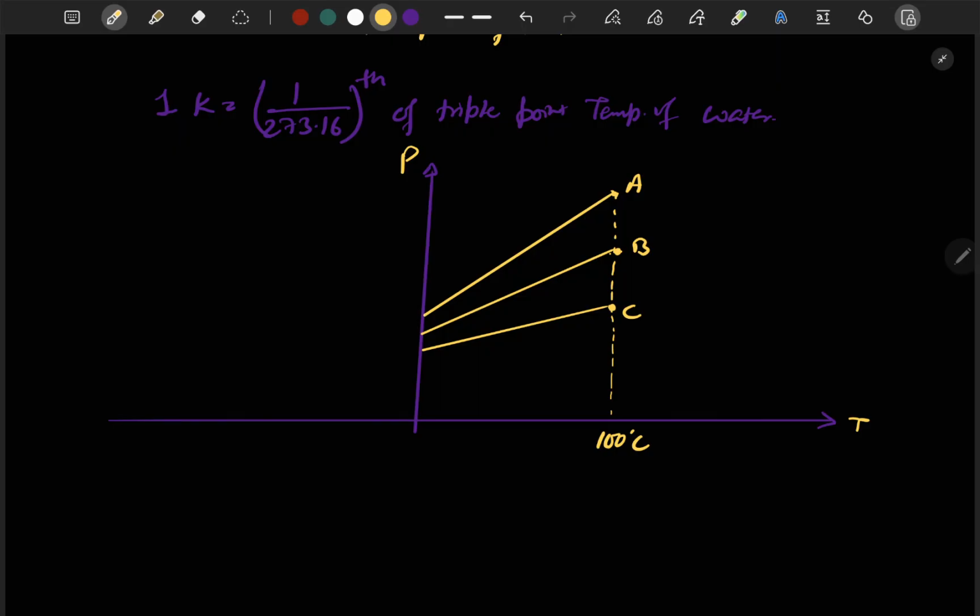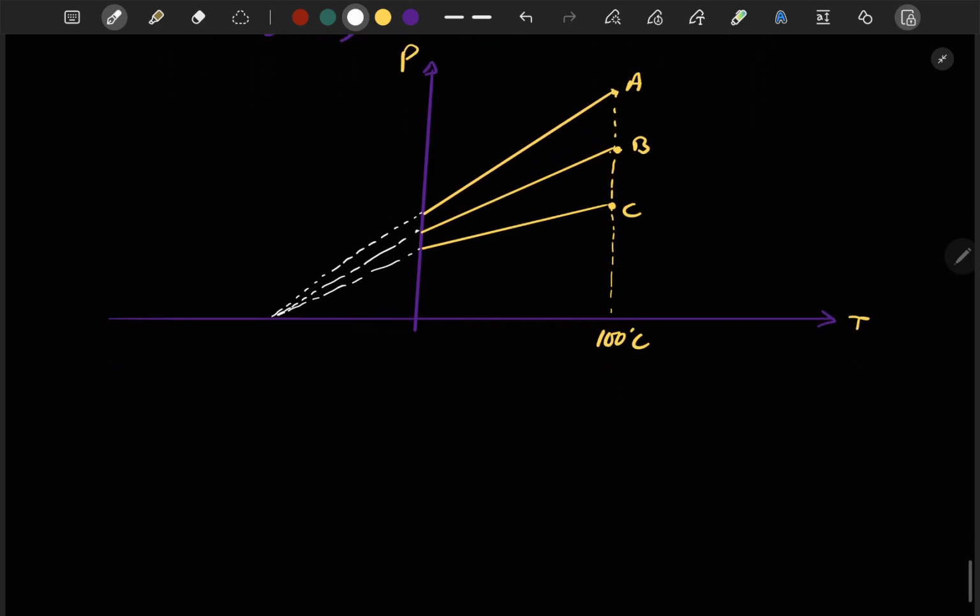Now if we freeze the water, decreasing the temperature below 0 degree Celsius, we can extend the three lines. When we extend these three lines, they converge to a single point. This is observed experimentally, and this point is known as absolute temperature, or absolute zero.